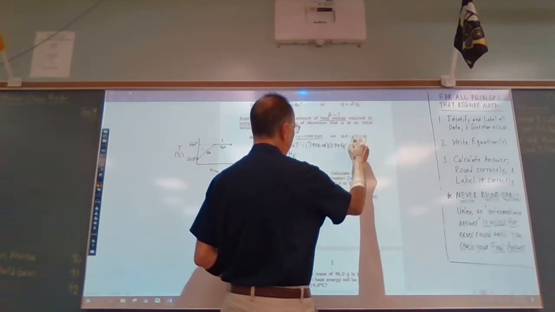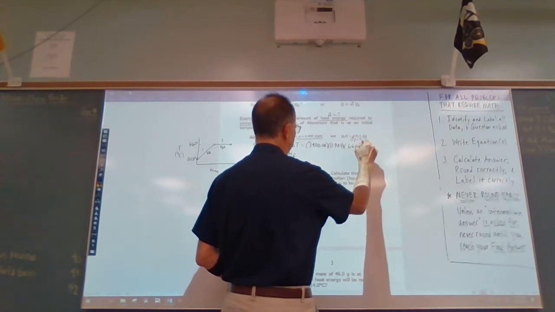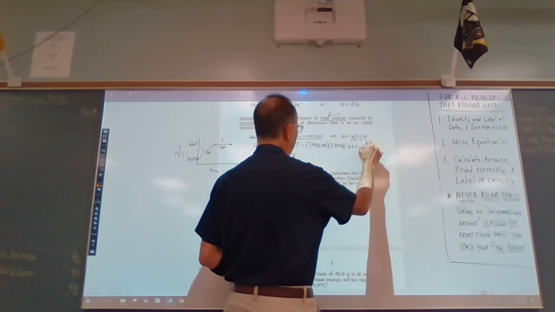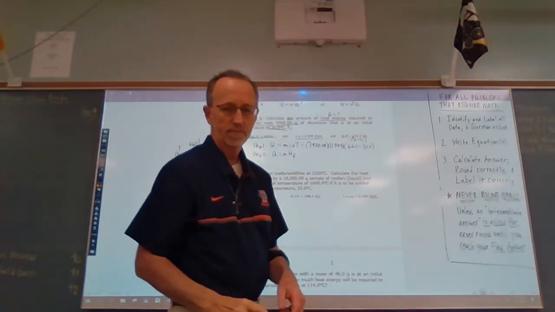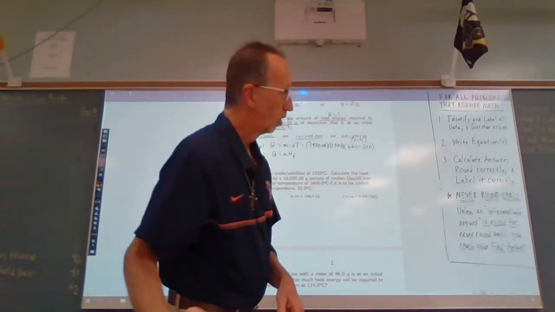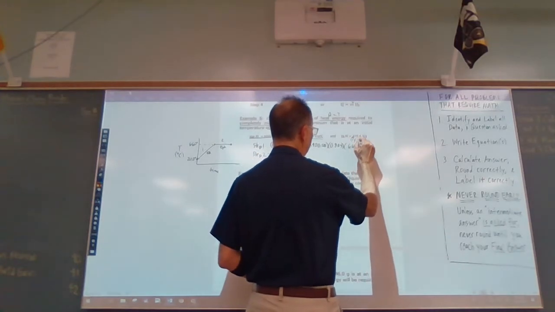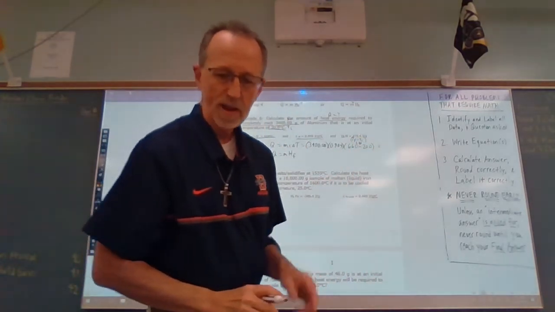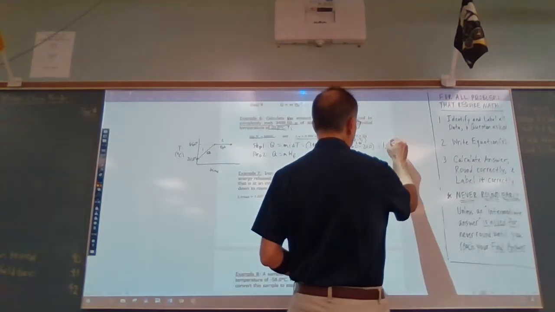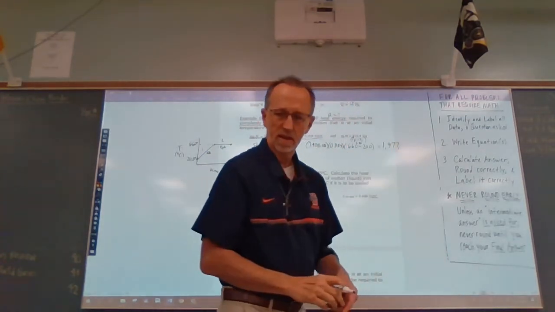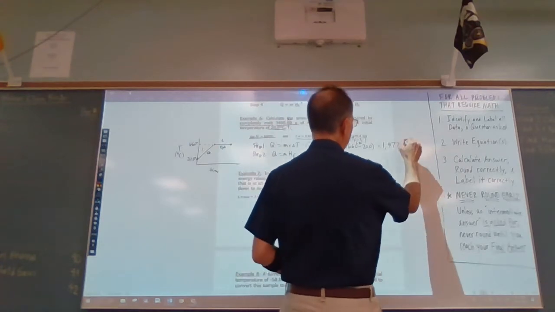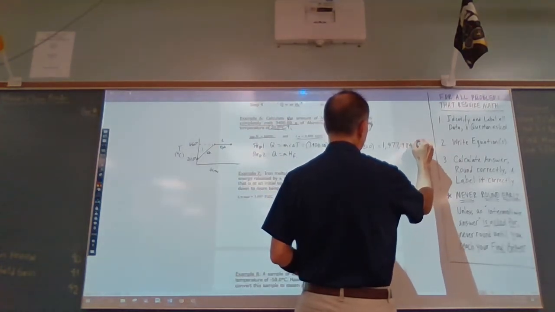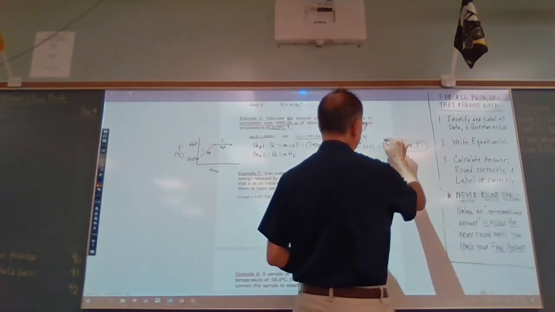So it's 660 minus 20.0, which of course is 640. If we multiply those 3 numbers together, no rounding yet, we get 1,977,984 joules. An intermediate step, we're not rounding it.